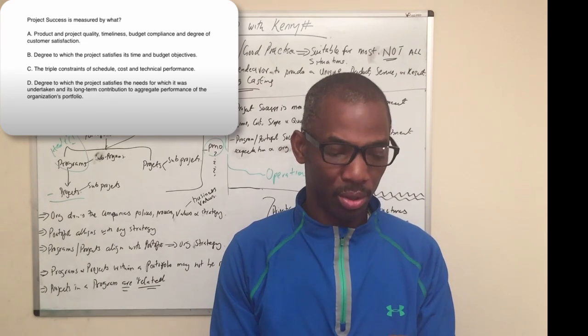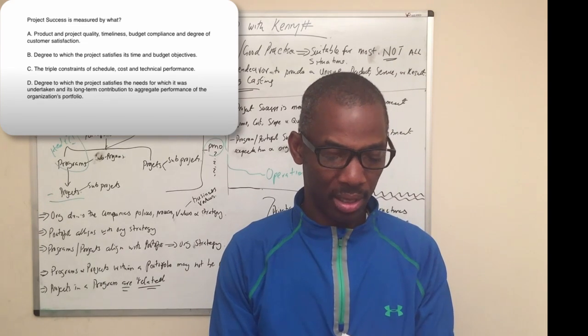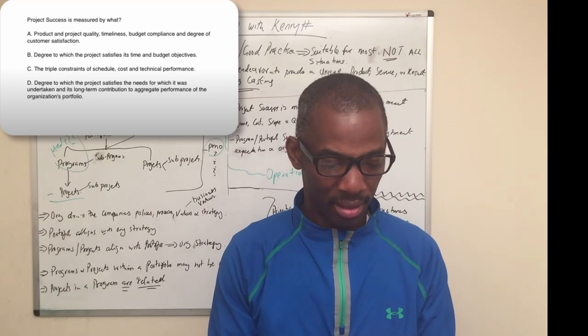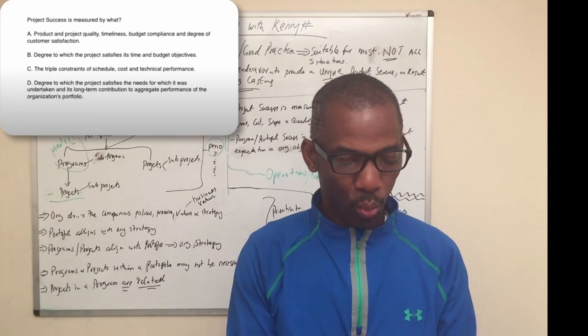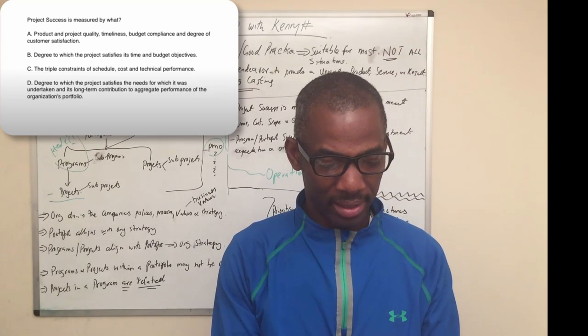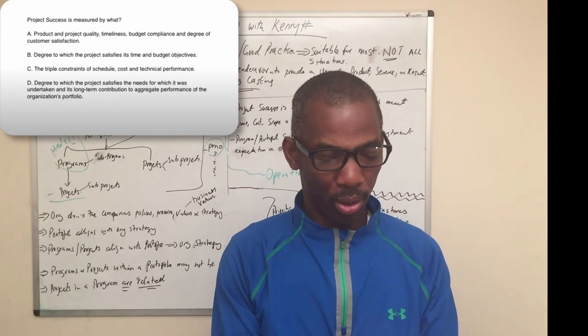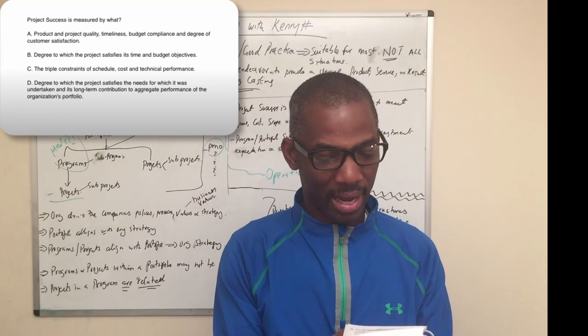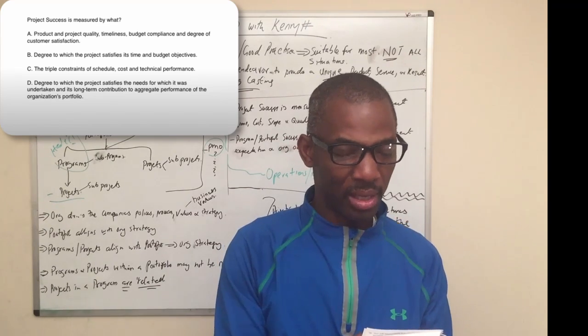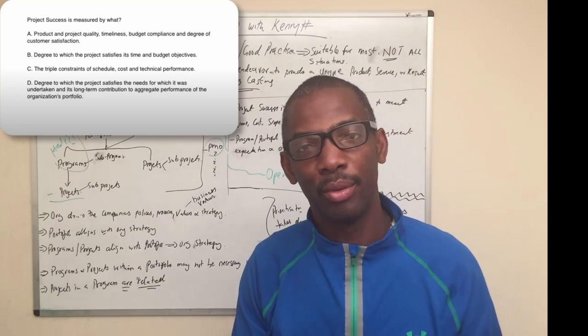C, the triple constraints of schedule, cost, and technical performance. And D, listen to this, degree to which the project satisfies the needs for which it was undertaken and its long-term contribution to aggregate performance of the organization's portfolio.